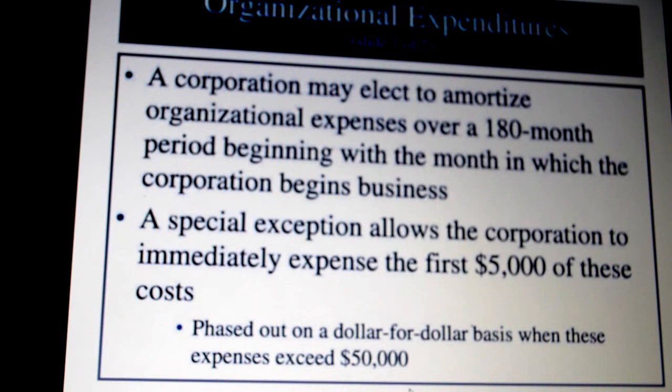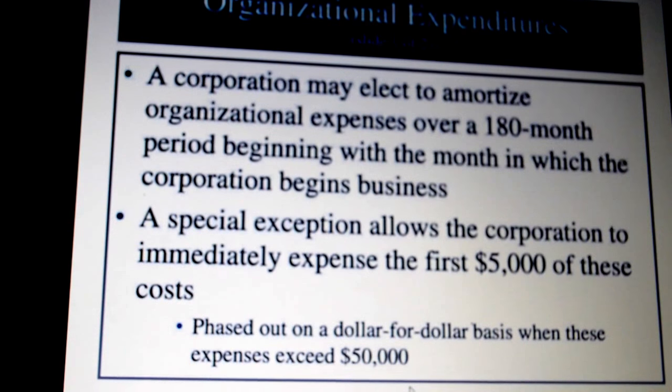Organizational expenditures include the following: legal services incident to organization, for example, drafting the corporate charter, bylaws, minutes of the organizational meetings, and terms of the original stock certificates; necessary accounting services; expenses of temporary directors and the organizational meetings of directors and shareholders; and the fees paid to the state of incorporation.